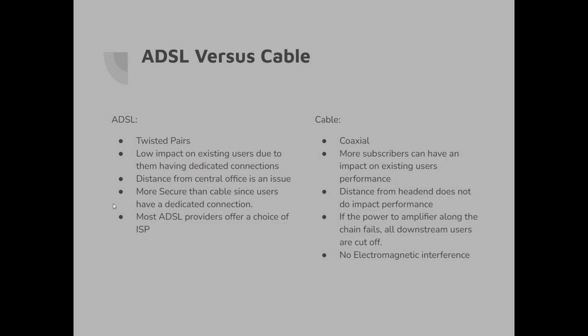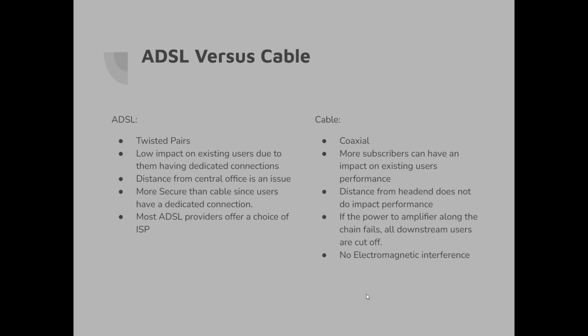Now, with ADSL, there is an issue with distance from the central office that sometimes presents itself. With cable, this is not an issue at all. ADSL is more secure since, again, everybody has their own dedicated line. And usually, in some areas, there are multiple ADSL providers, so the user has a choice between ISPs. The only thing with ADSL is that it can be susceptible to electromagnetic interference.